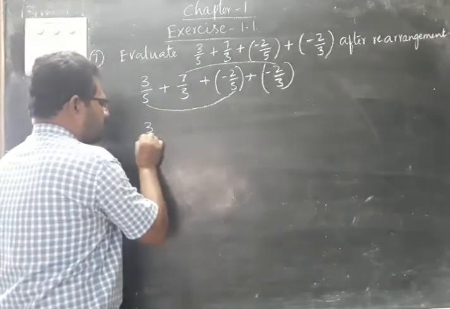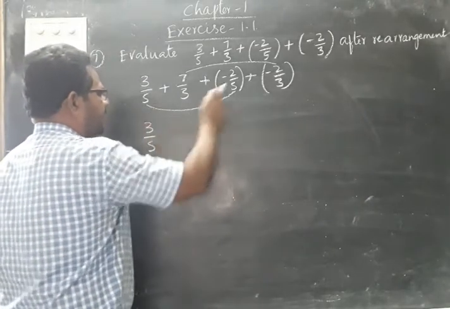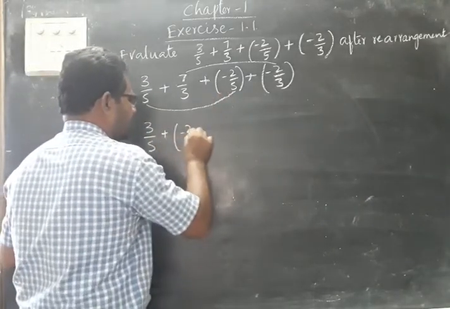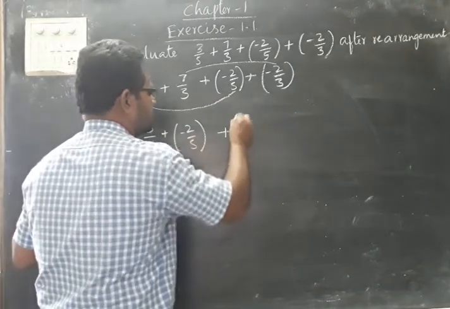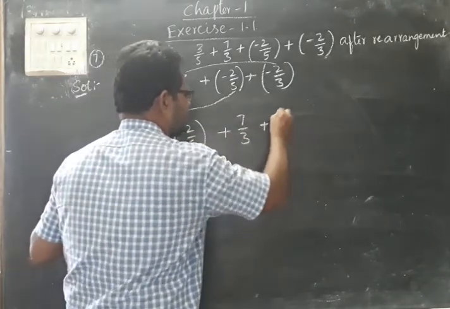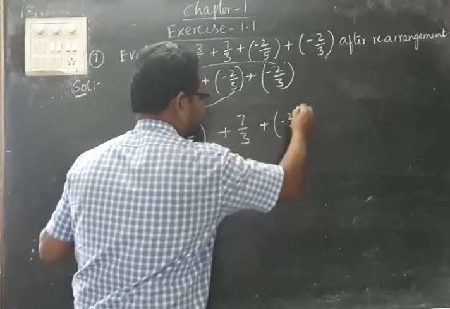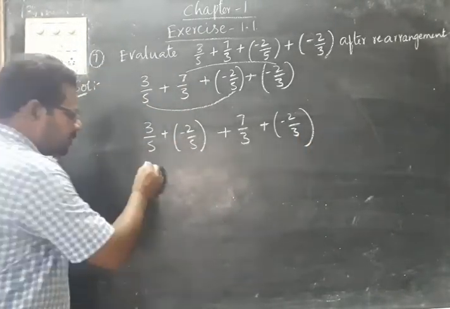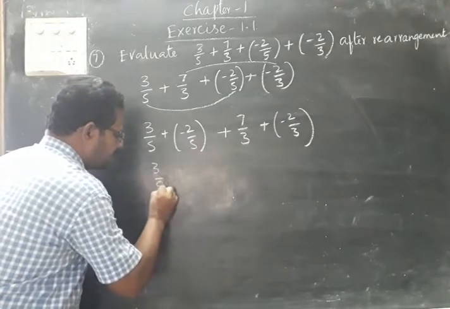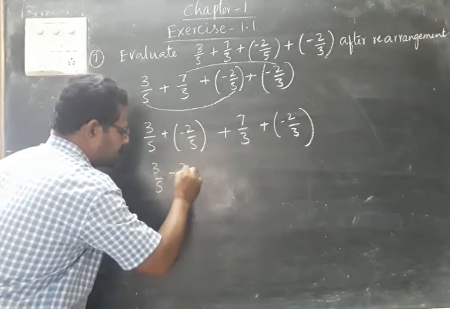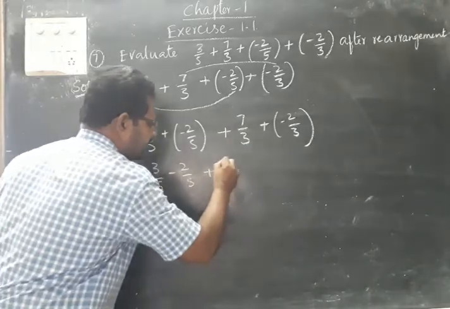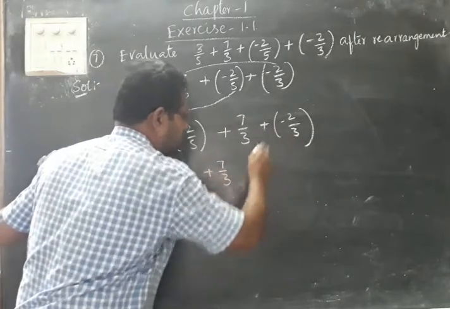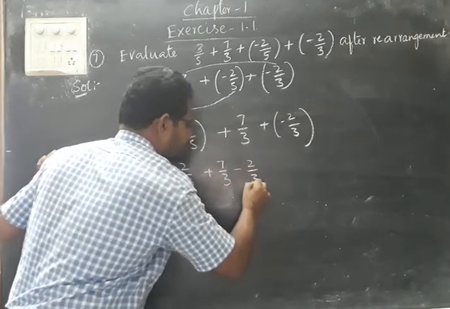So now I am arranging 3/5 + (-2/5) + 7/3 + (-2/3). In the bracket they have given the negative number. So 3/5 plus into minus is equal to minus 2/5, 7/3 plus into minus is equal to minus 2/3.